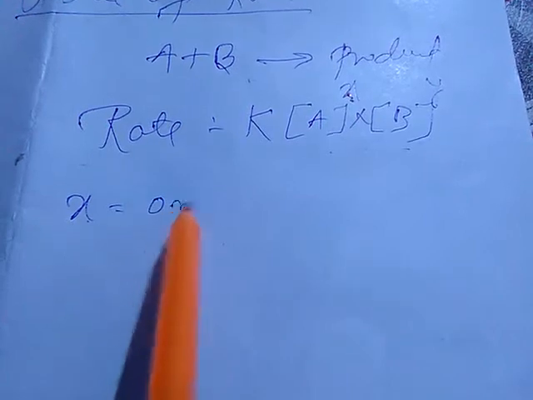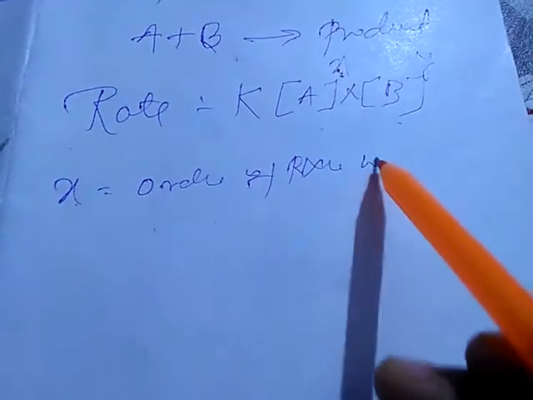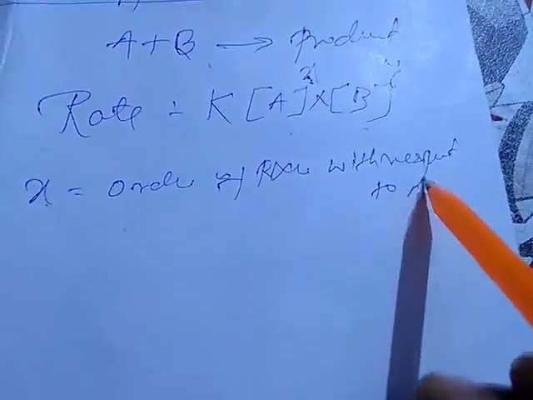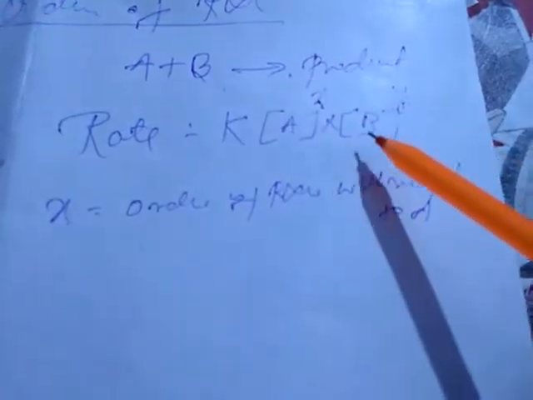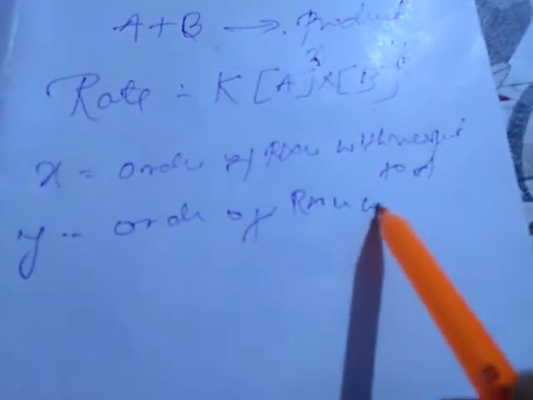X is the order of reaction with respect to A. Also, what is this y? This y is also the order of the reaction but with respect to B. Y is equal to the order of reaction with respect to B.